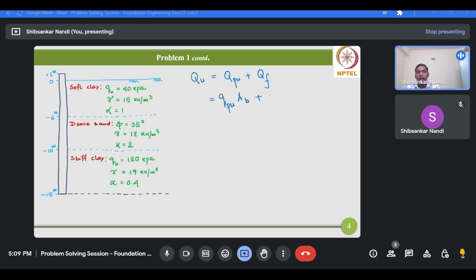Similarly, the ultimate skin friction resistance can be determined by multiplying the unit skin friction resistance by the surface area of the pile.